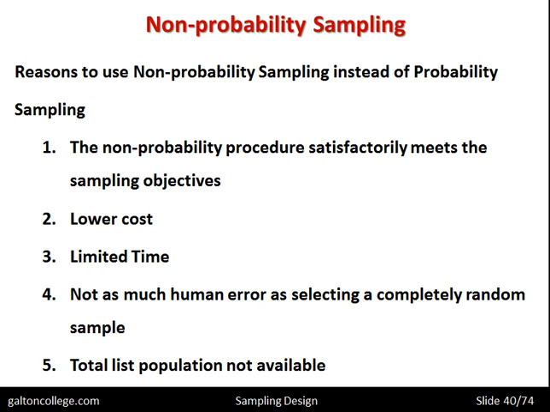So random sampling is complicated, and sometimes it can lead to erroneous results because of non-responses, the fact that the total population is not known, and because of the costs involved in conducting it.